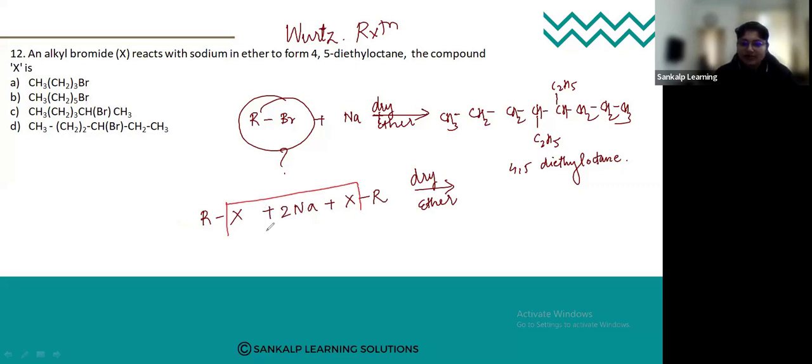So what should be my product? My product should be R-R plus 2NaX. So this is the Wurtz reaction. Two alkyl halides should be present.